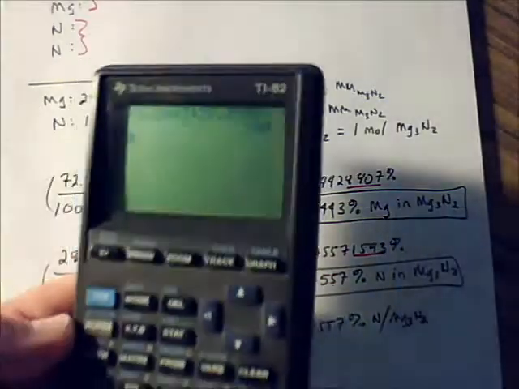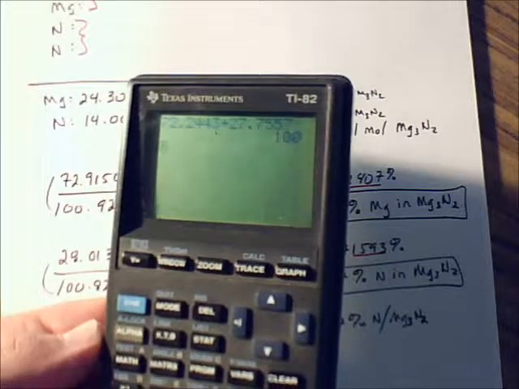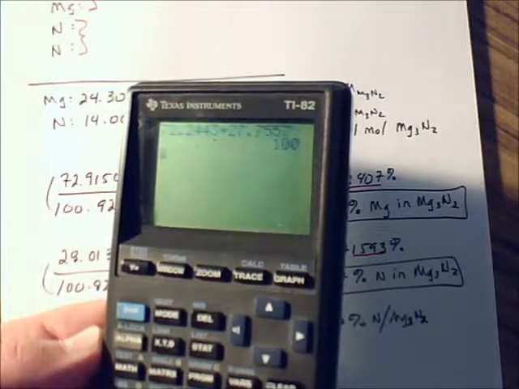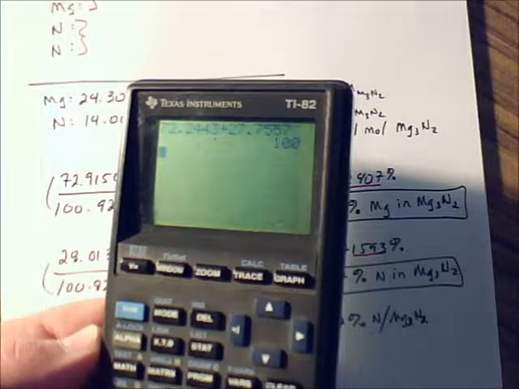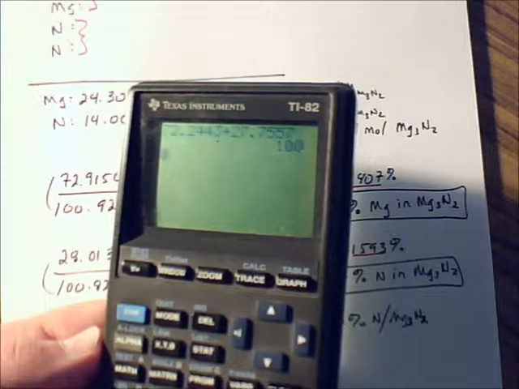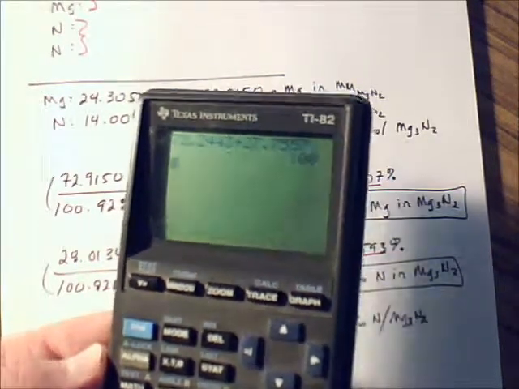Well, it is exactly 100. Now, sometimes you'll get 99.99999. That's pretty doggone close, right? So you don't have to get exactly 100, but it better be very, very close, like 100.00001 or something.